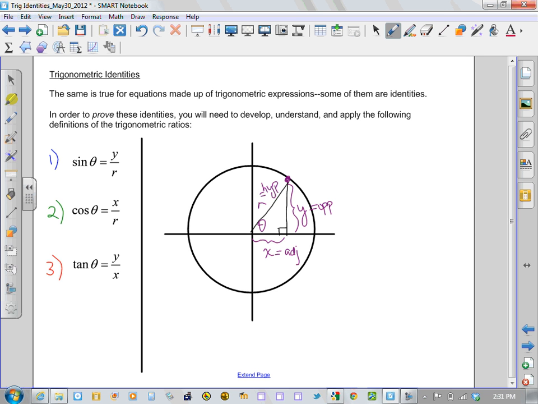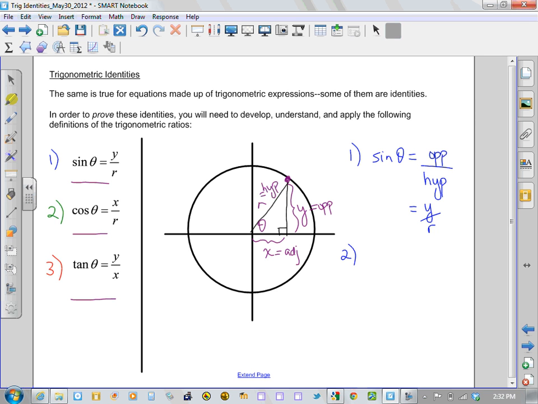So using this triangle, we'll simply validate that each of these definitions is true. And they are true. For instance, if we look at the first relationship, sine of theta is the opposite divided by the length of the hypotenuse. According to what we have in our diagram, that would be y over r.